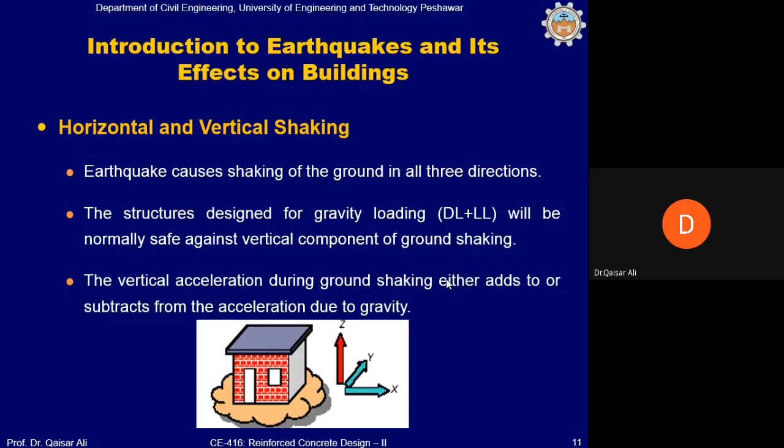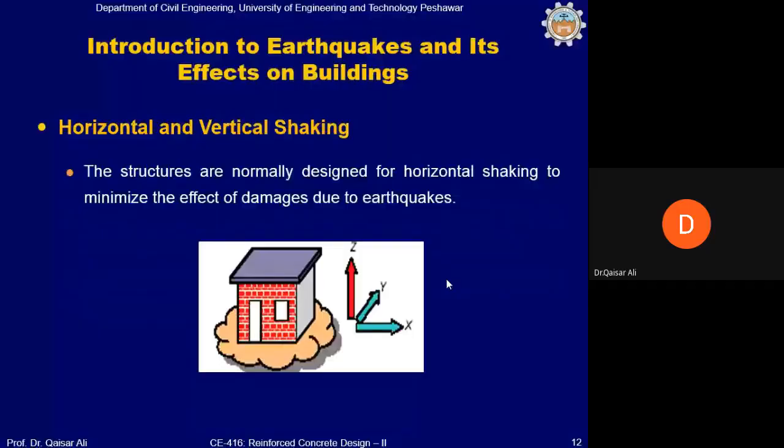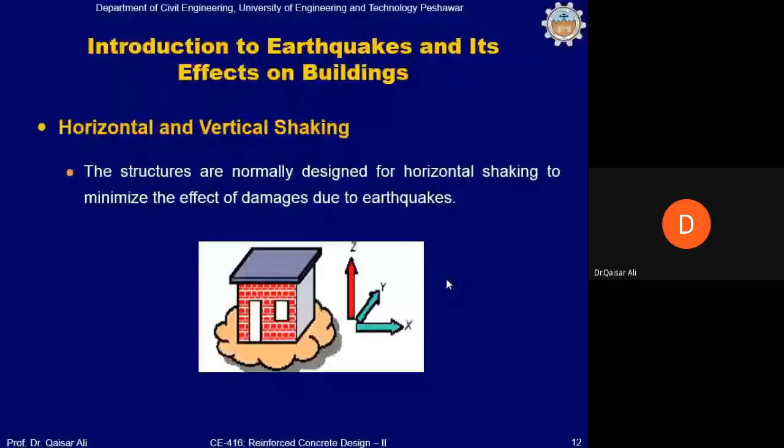the structure. The structures are, however, normally designed for horizontal shaking to minimize the effect of damage due to earthquakes, and the vertical component is indirectly taken into account. Although in very specific cases or designs, for example nuclear power plants, dams, and some long-span bridges, it may be a requirement that the structure is particularly analyzed and designed for vertical acceleration as well.